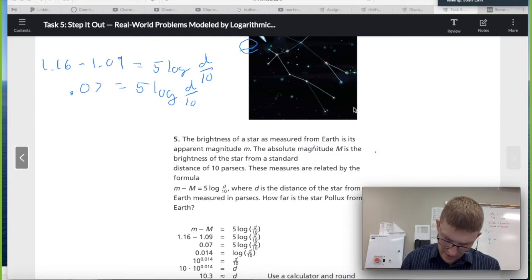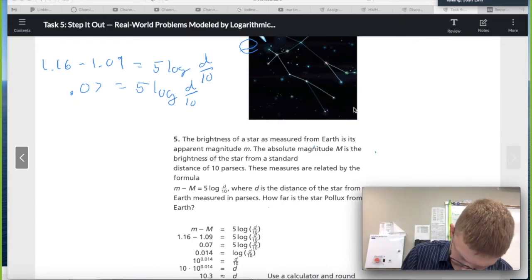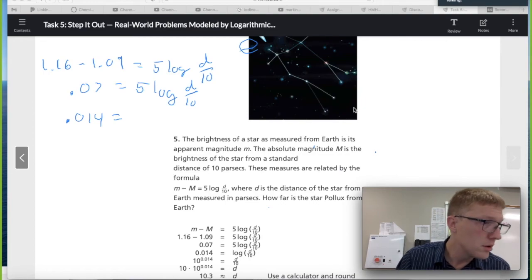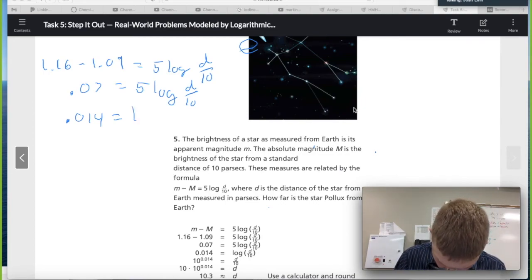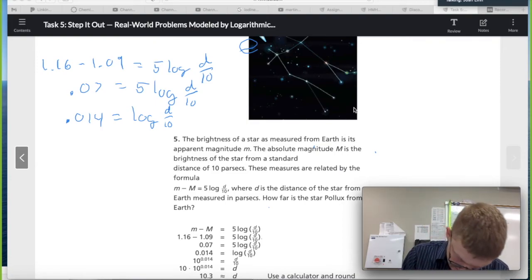Yeah, let's get rid of this 5, so we can divide both sides by 5. I'm busting out the calculator for this. 0.07 divided by 5 is 0.014, which is equal to log of d over 10. So now, based on our definition of a log, that is log base 10.